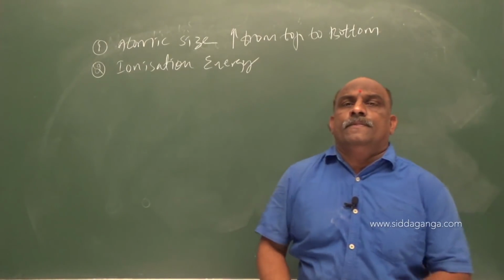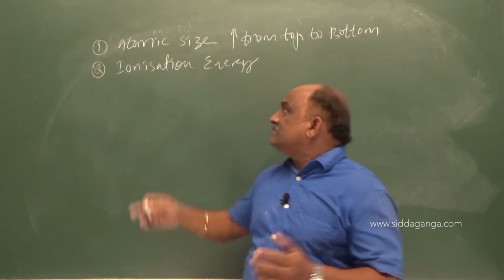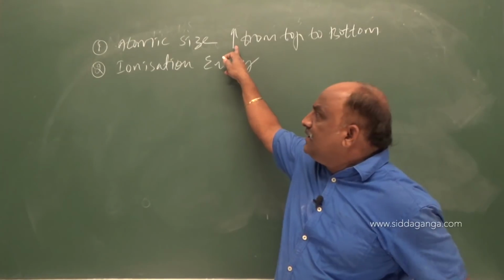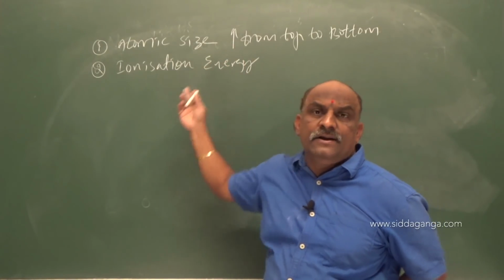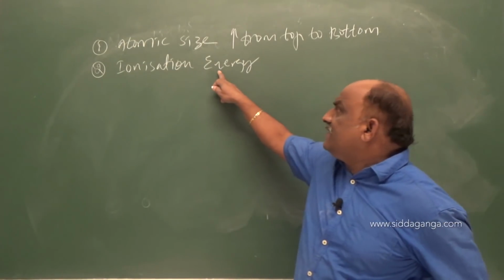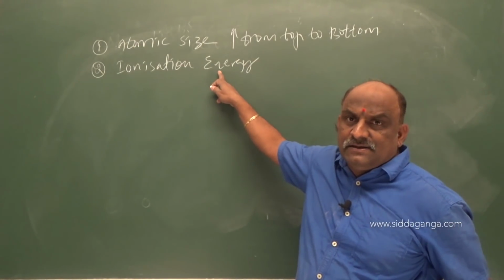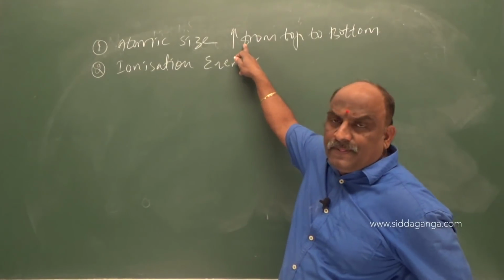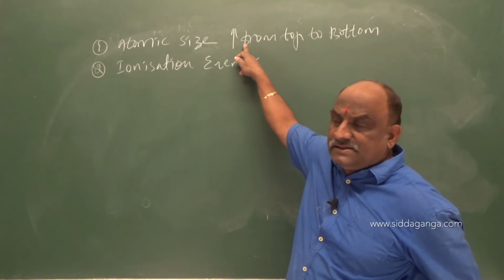So from top to bottom size increases. If size increases, ionization enthalpies decrease. Why do ionization enthalpies decrease? Because from top to bottom size increases.